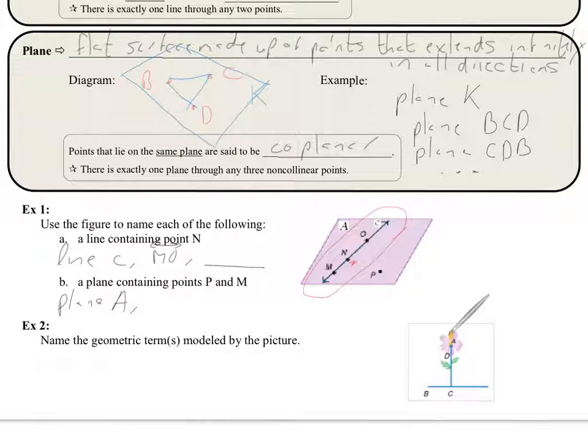Another way to write it is as the plane with 3 points contained on that plane. We can say point P is on the plane, point M is also on the plane, and finally there are 2 other points we can choose from, either N or O, which I'm going to choose N. So we can write this also as plane PMN.